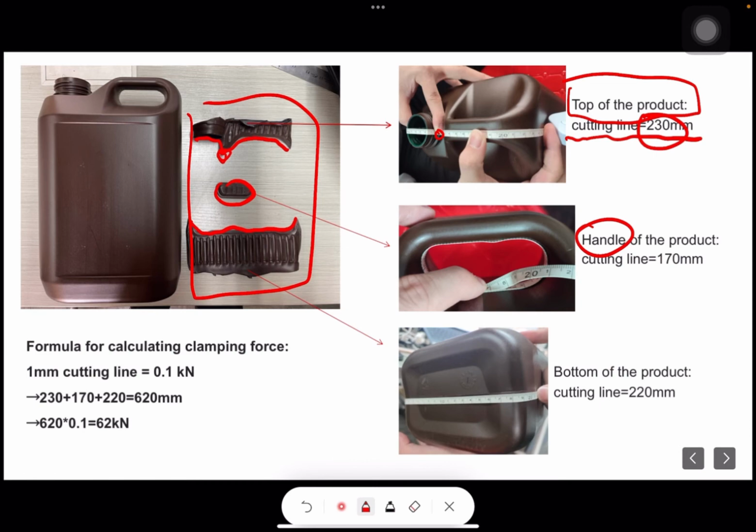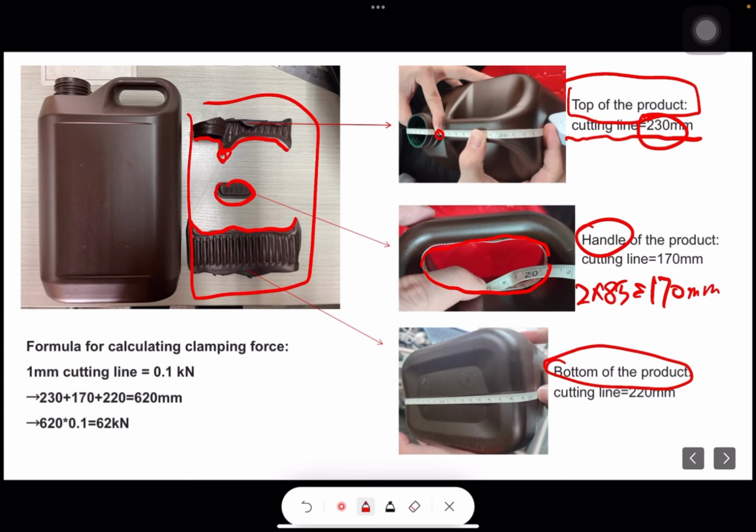And the second part, which is more difficult to measure, is the handle. Sometimes you can measure half of it, such as here. It is 85, just 2 times 85 is 170. You can use another way to measure this handle. And one last thing is the bottom of the product.